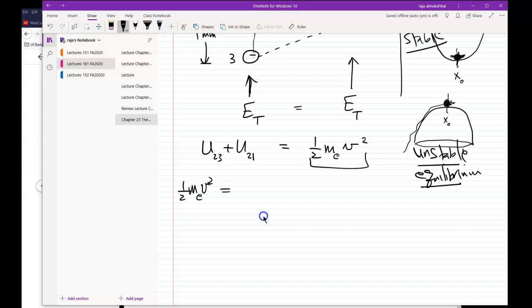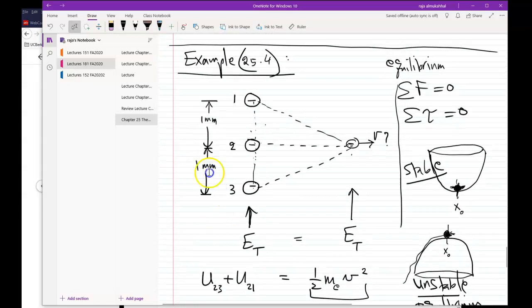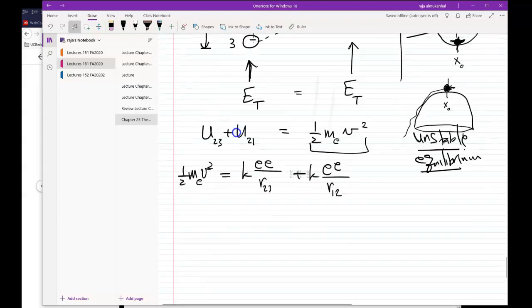And then the potential between 2 and 3 is going to be k e over r_23, plus k e, which is e squared, I should have said e squared, between 1 and 2. You see what I'm saying? Everything here is symmetric because r_12 and r_23 are all the same.